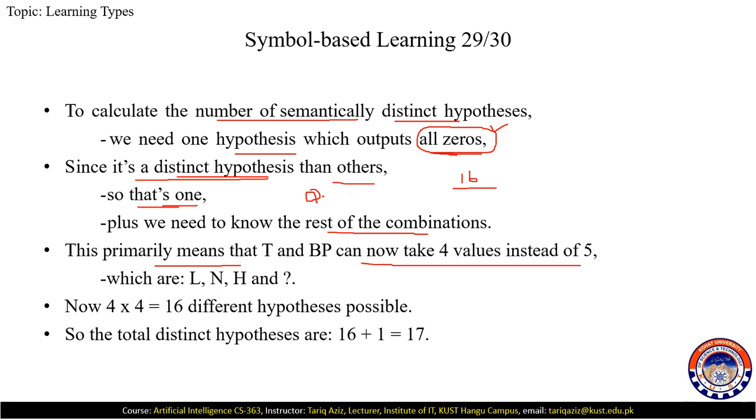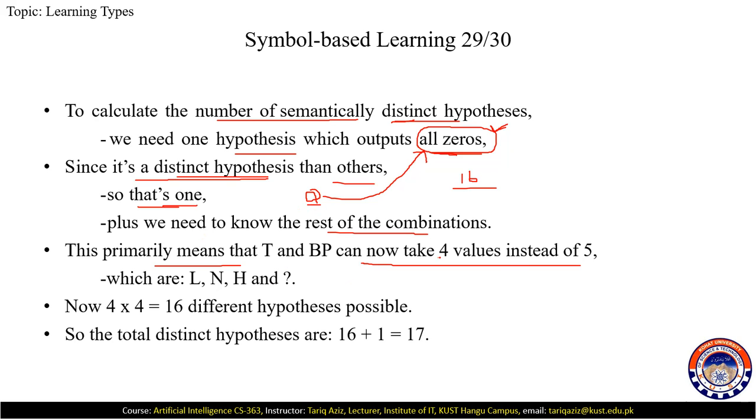So we got all zeros, and this is one of our distinct hypotheses. Because of this theta, we got some redundancies in our hypotheses, but we want distinct hypotheses, and one of them is all zeros. That's why we eliminate theta from our set.